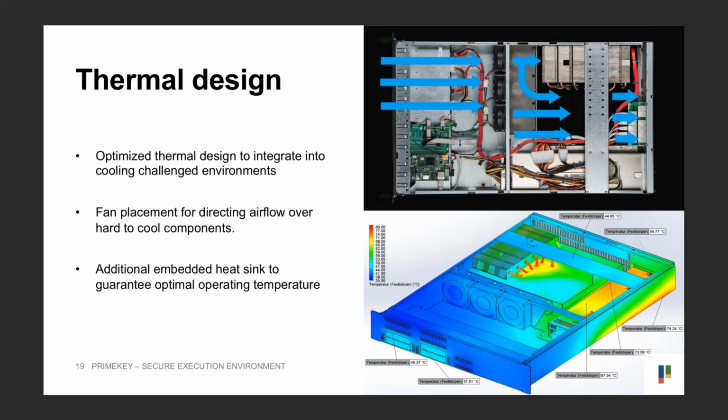And on the right hand side, in the bottom area, you see an analyst analyzing a temperature picture and map of the secure execution environment when it's running under load, and you see that beside the heat pipes which are coming out of the epoxy resin and connected to the heat sink, there are hot spots, and the other hotspot is the power supply of the server itself.